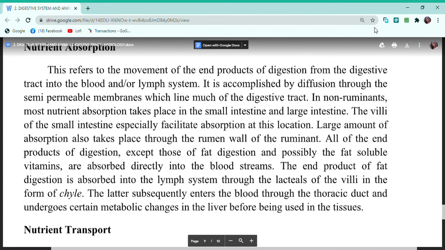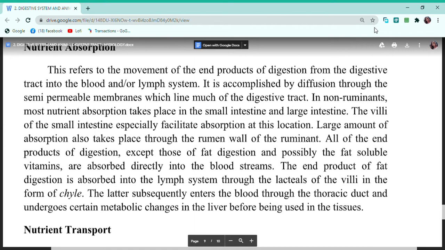Okay? And the product of fat digestion is absorbed into the lymph system through the lacteals of the villi in the form of chyle. And the latter subsequently enters into the blood through the thoracic duct and undergoes certain metabolic changes in the liver before being used in the tissues.